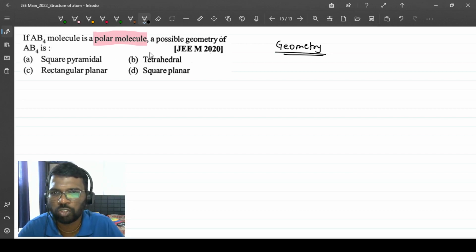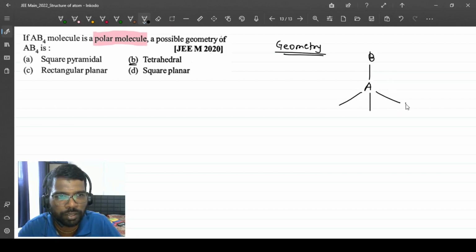A possible geometry of an AB4 molecule: we can think of it as tetrahedral. Imagine it is tetrahedral and they said it is a polar molecule, meaning there is a dipole. For example, A is connected to four B's.